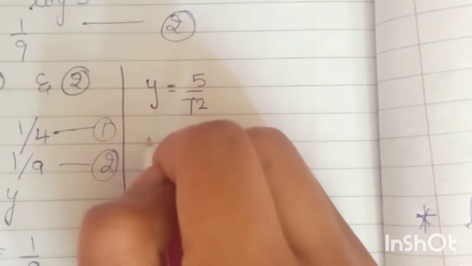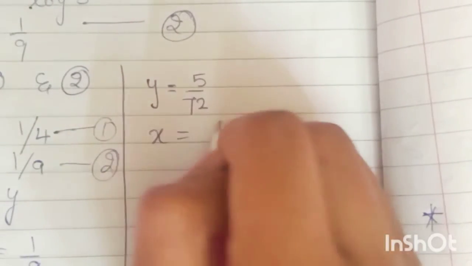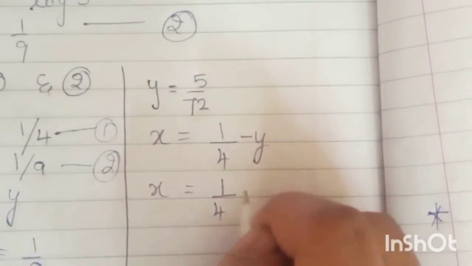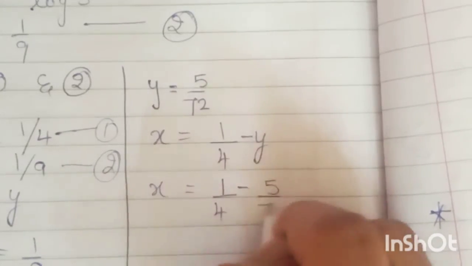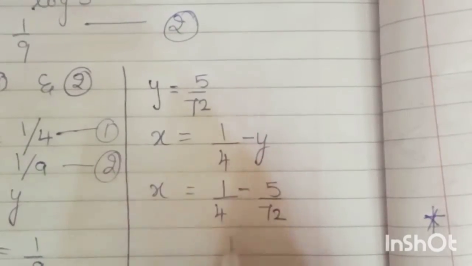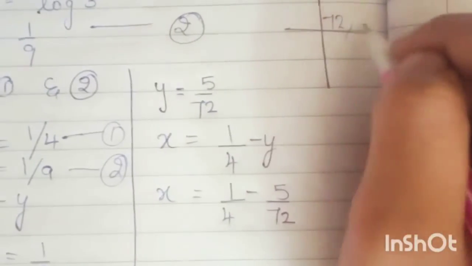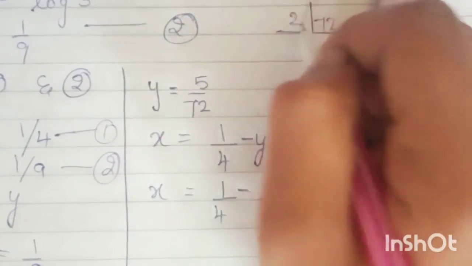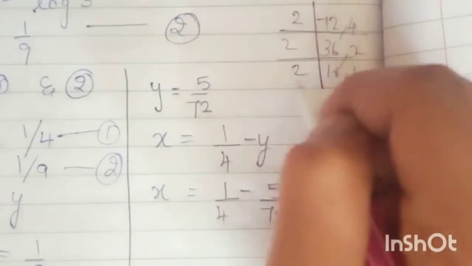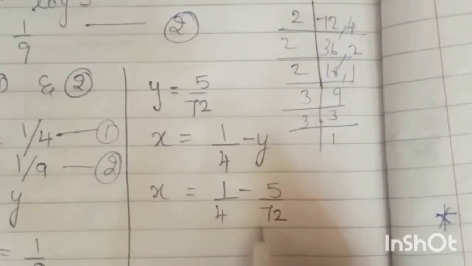Substitute in equation 1. What did we take that time? x is equal to 1 by 4 minus y. So x is equal to 1 by 4 minus 5 by 72. When I take the LCM, I get 72 is the LCM.